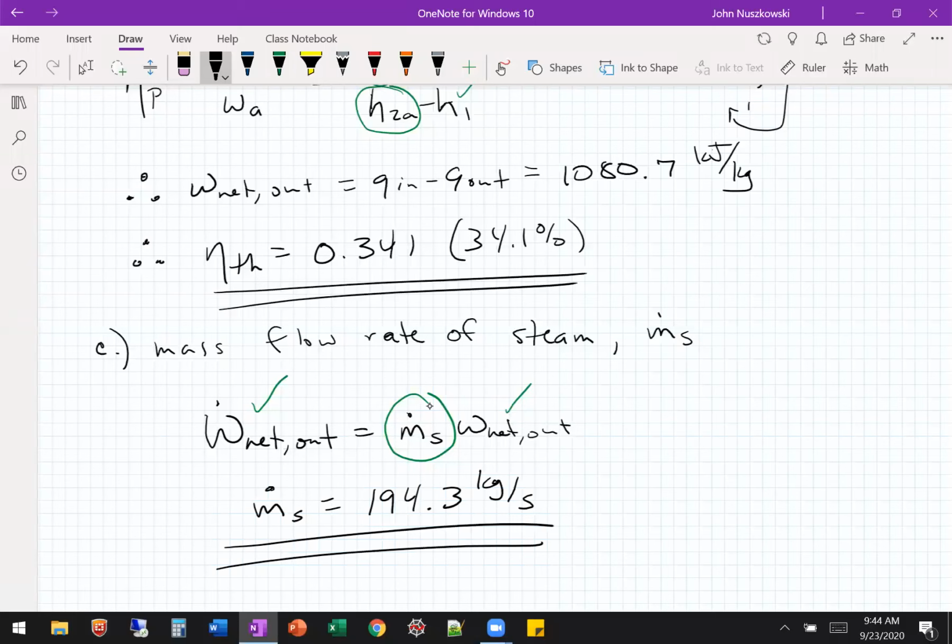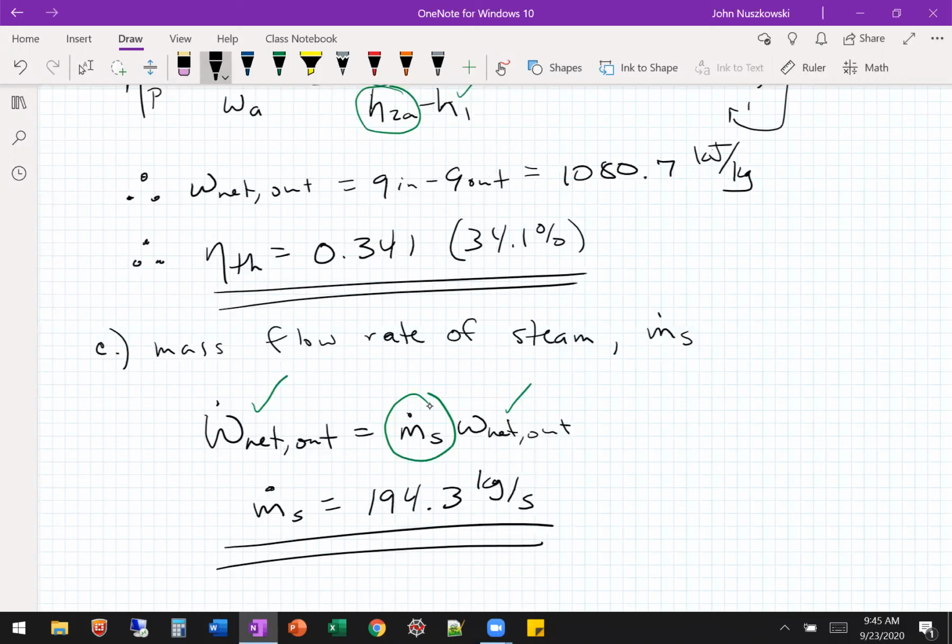Right, if we only wanted a 1 megawatt Rankine power plant, then you would basically divide out 210 by this, or you'd have 1 megawatt on the left and then solve for your mass flow rate of steam required to do 1 megawatt of power output, okay?